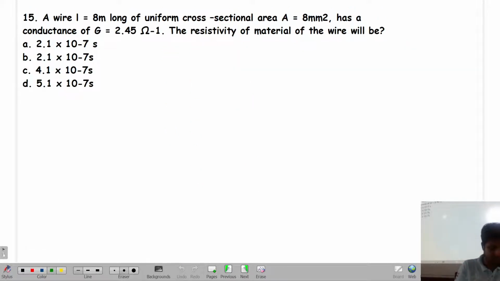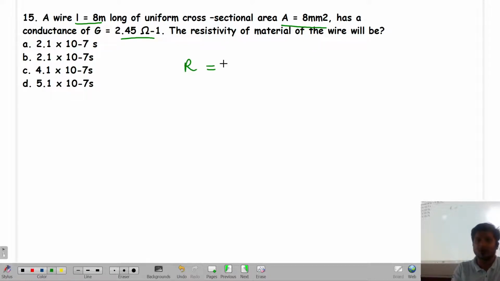Can you move ahead? 15. Now, resistance of wire: length is given 8 meter, area of cross section is given, conductance is given.